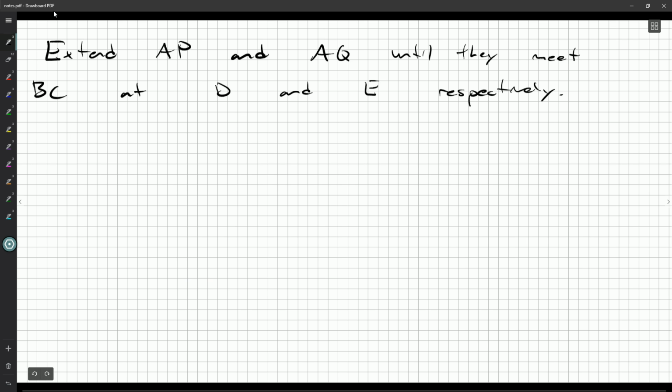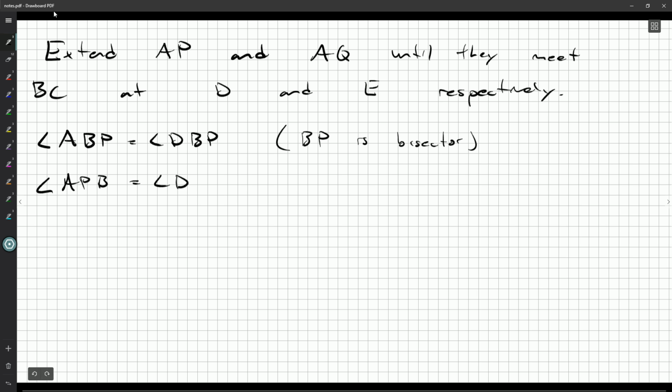Okay. So now we've got to justify the congruency. Angle ABP is equal to angle DBP because BP is a bisector. And angle APB, the same as angle DPB, is 90 degrees because we extended AP.